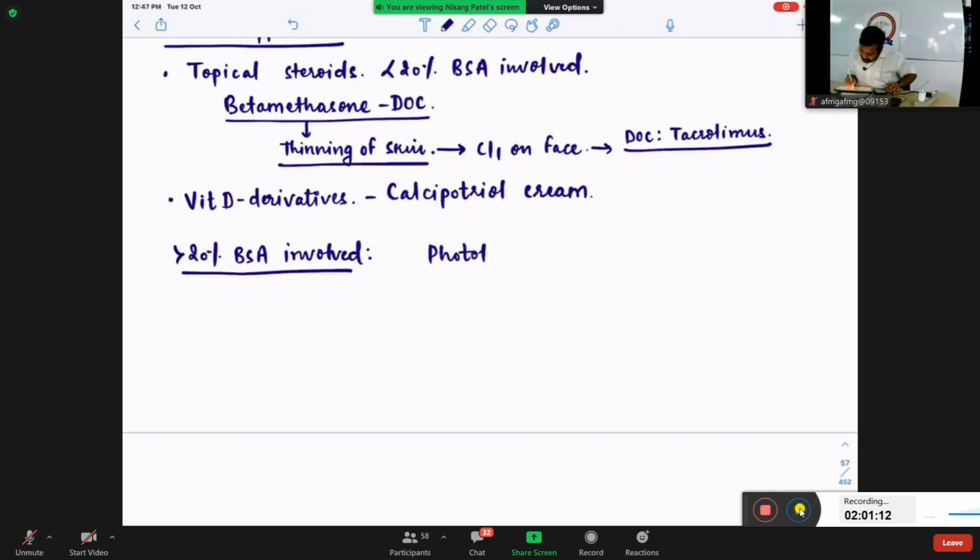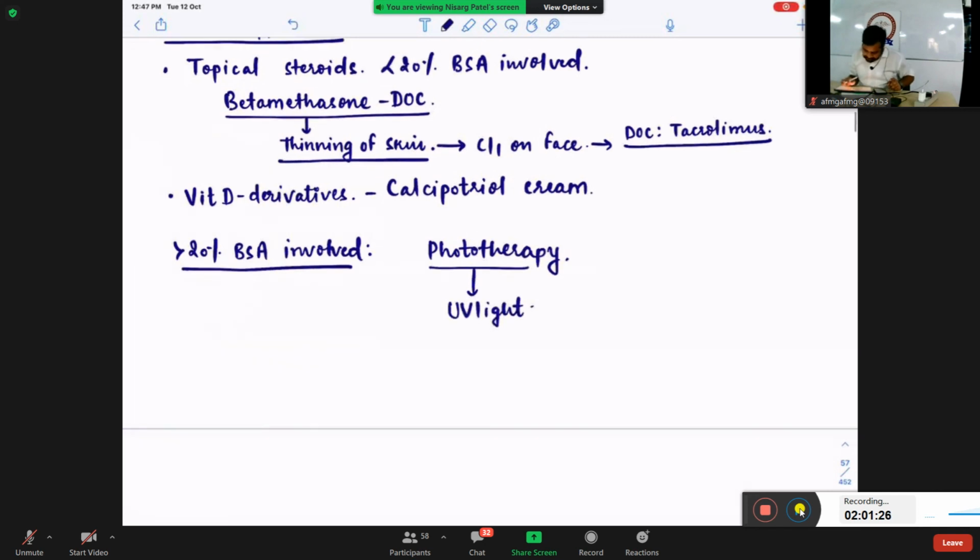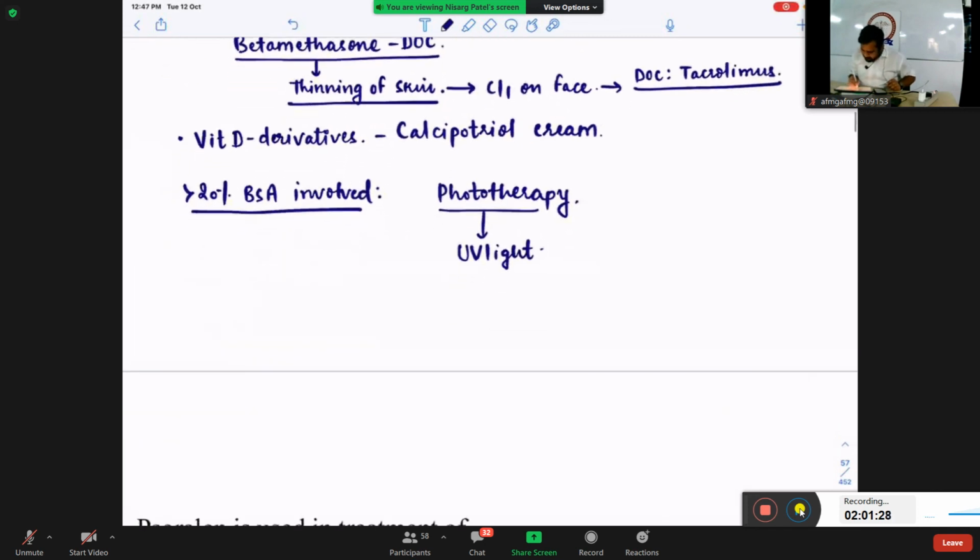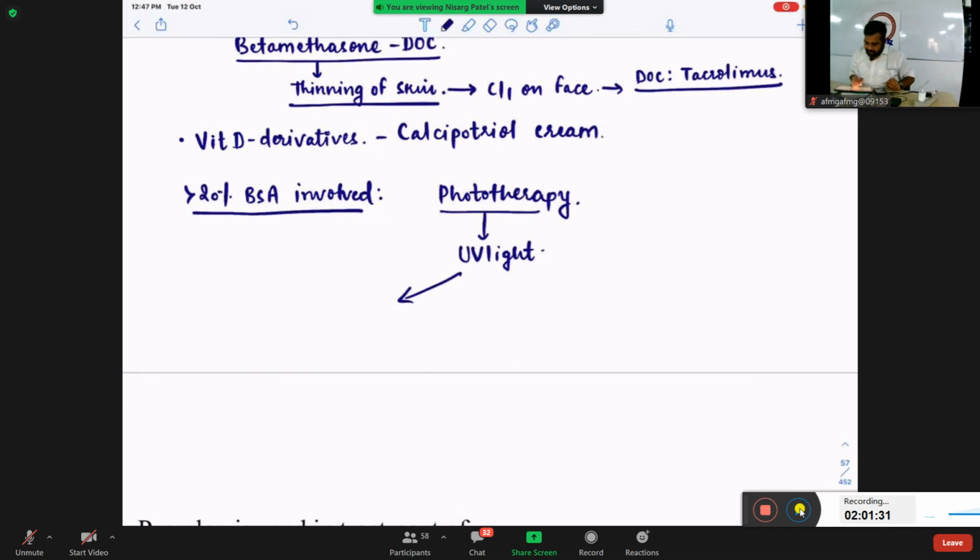So at this point, phototherapy is very useful. In the phototherapy, we will use ultraviolet light. And as I already told, ultraviolet light stimulates melanocytes. It stimulates the melanocyte.